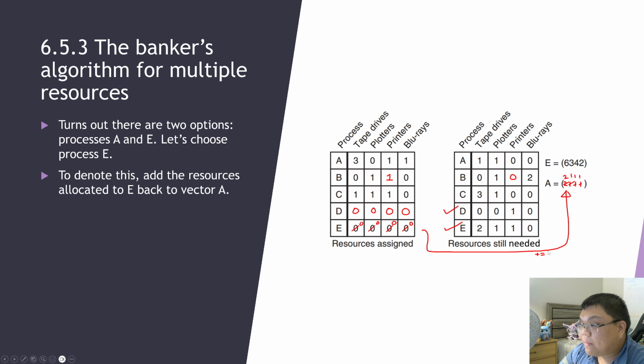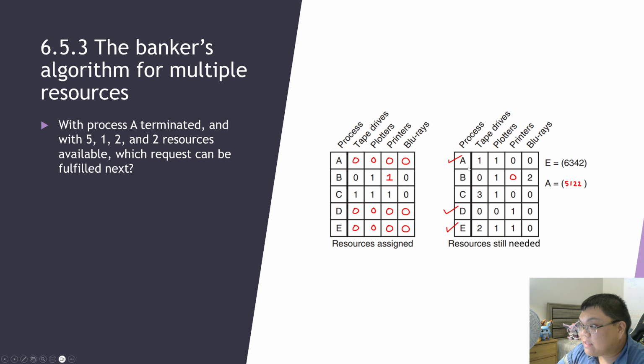Let's pick process E. So process E has 0 resources allocated to it. So when we add all of its resources back to A, nothing changes. But that also means that we have 2, 1, 1, and 1 resource available, which we know was already enough to fulfill process A. So let's just go ahead and check process A, mark that as terminated.